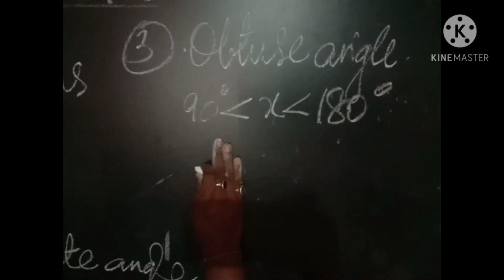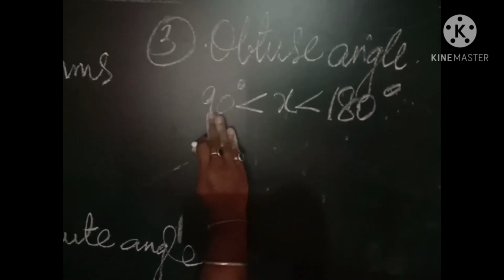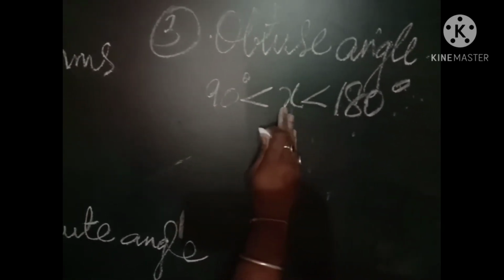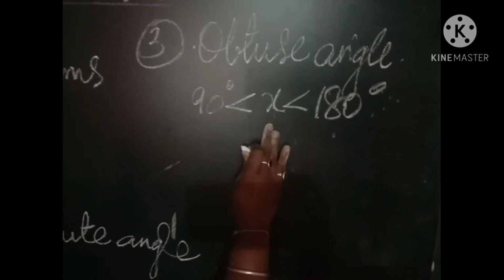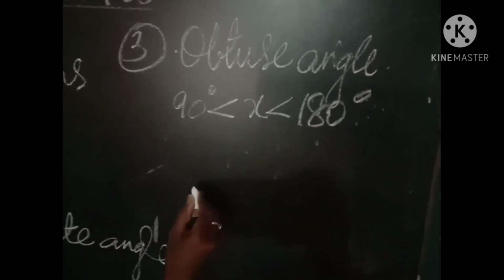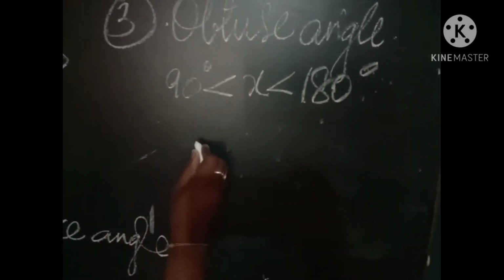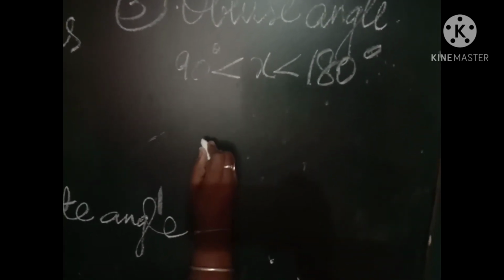Once again, x may be above 90, meaning 100 degree, 120 degree, 160, 170. So this represents what? Obtuse angle.